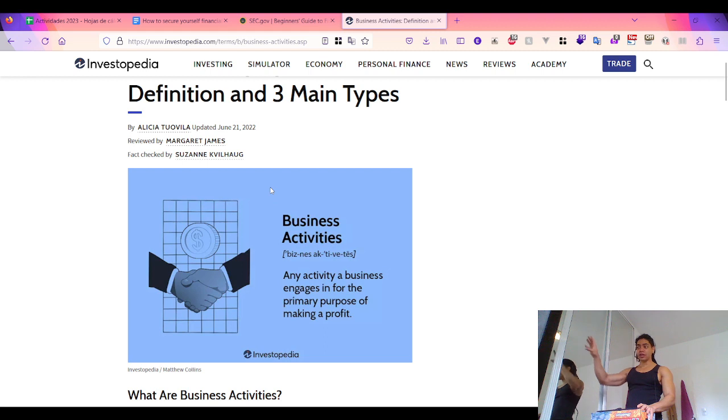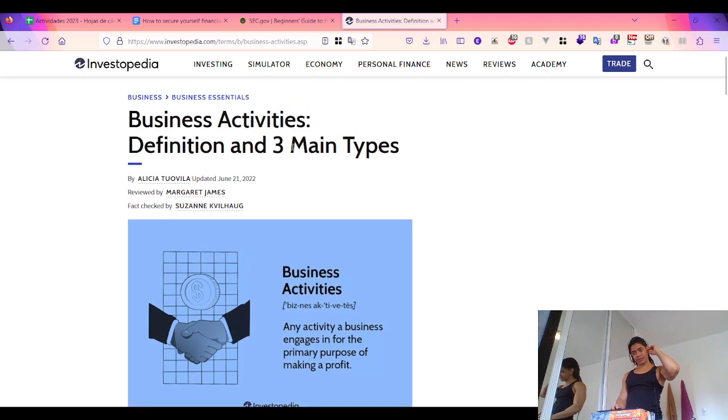So if you're not able to receive any funds, you are not able to create a business. Period. Unless you ask for a loan, only then can you create your business.